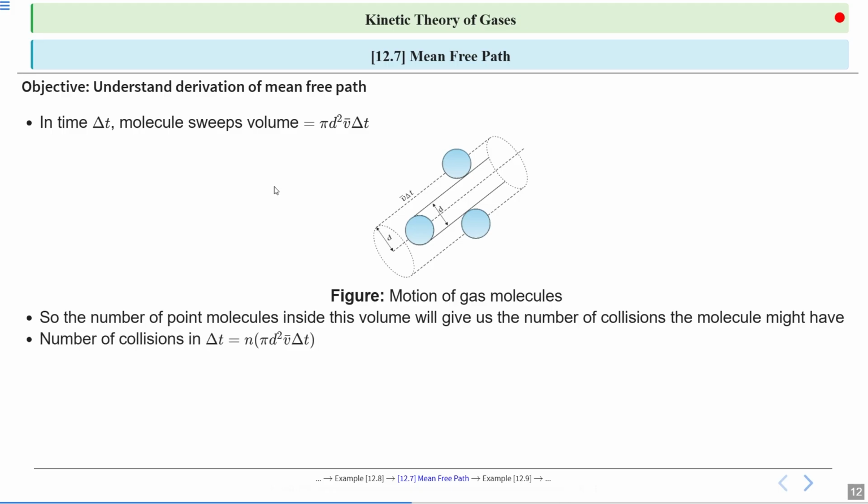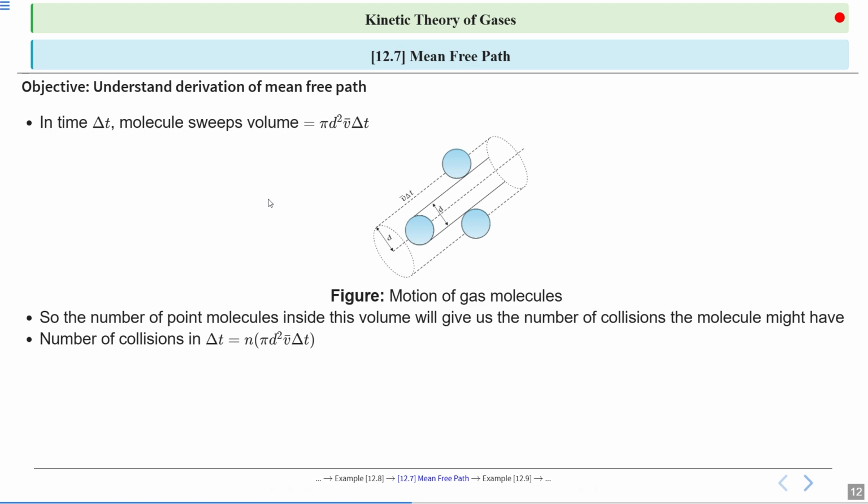So the number of collisions that occur in the time interval delta t can be calculated using the formula n pi d squared v bar delta t. Here n represents the number of molecules per unit volume.